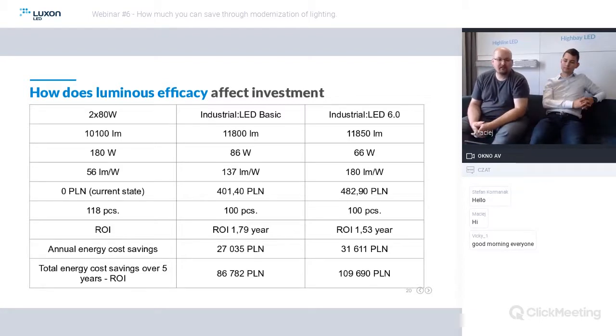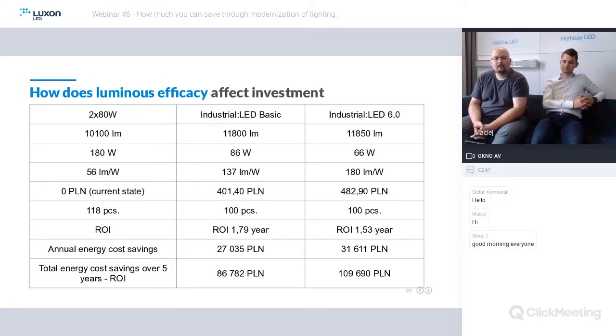This time I've done a simple calculation where I assumed that a customer has a choice. He has an installation of fluorescent lighting with 2 times 80 watt fluorescent tubes, and he uses 118 pieces of these lamps. Total efficacy 56 lumens per watt. No cost because he already has that except for the energy cost.